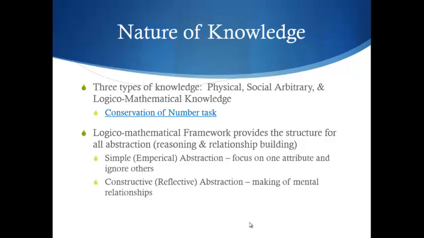Now, these types of knowledge interact in a child's thinking in what's called the logico-mathematical framework. That's the organizational structure in which we can think and reason. There are two ways that we do that, and that is through abstraction. The first is simple or empirical abstraction. In that case, you focus on one attribute alone and ignore the others.